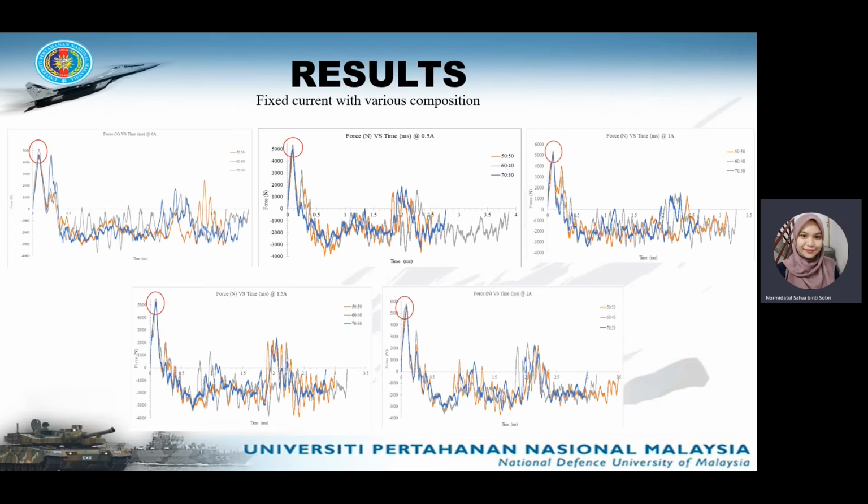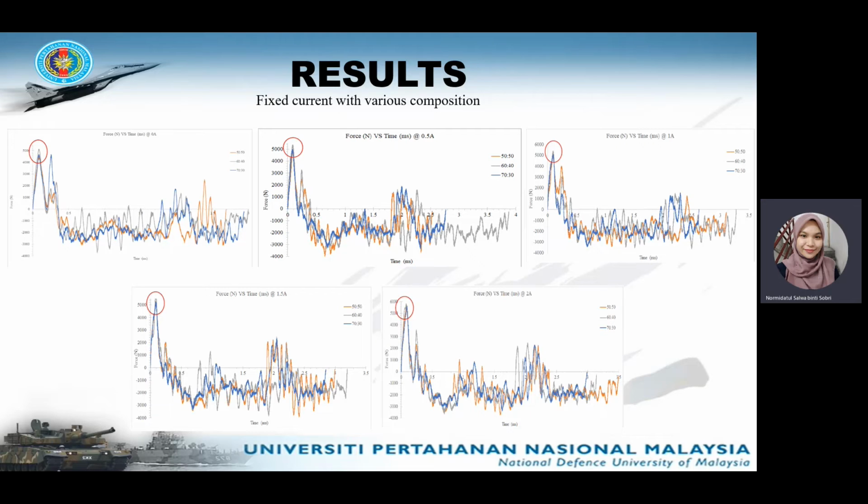These are the results, which are the fixed current with various compositions. By comparing the results of varied composition from 0 ampere to 2 ampere, the maximum force at the first peak exhibits an increment pattern as the current increases. However, it is unrelated to the composition.